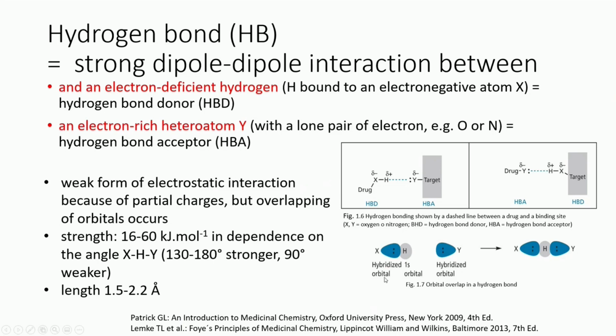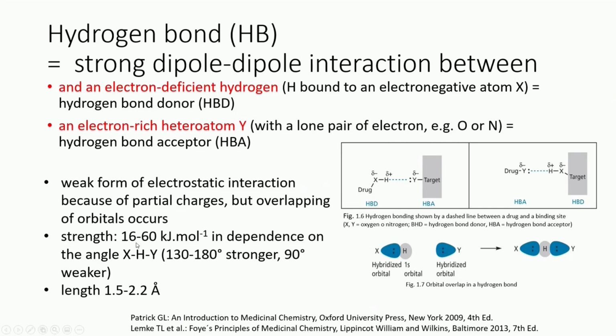On the left side, we can see the hydrogen bond donor interacting with the hydrogen bond acceptor, and we can see that there is an orbital overlap. Generally, we can represent the structure as it is visible in figure 1.6.